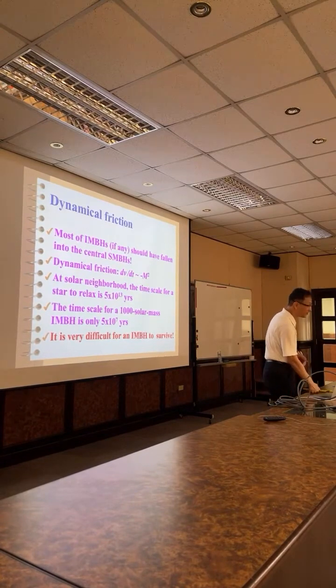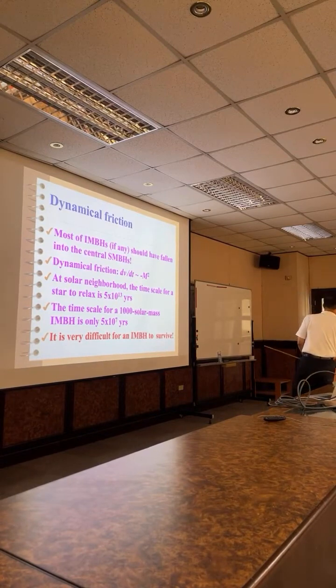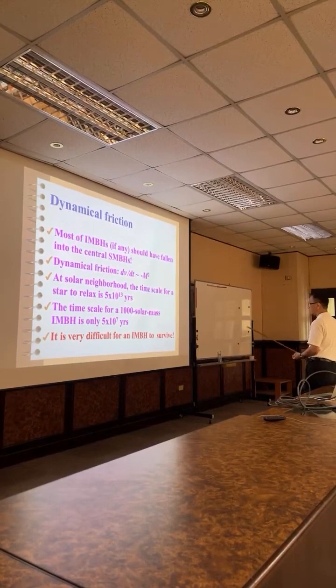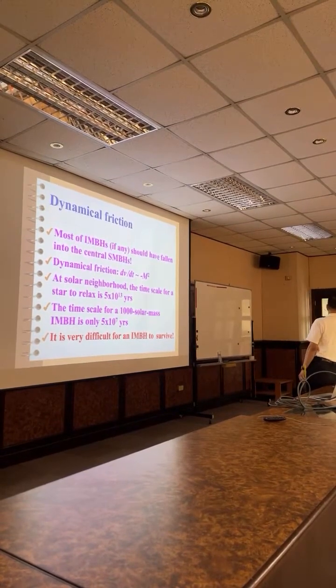Any questions? Yes. It takes only 10 to the 7 years from the solar neighborhood to get to the galaxy center. Yes. What about when it passes by stars? Can it collide more and get more massive?